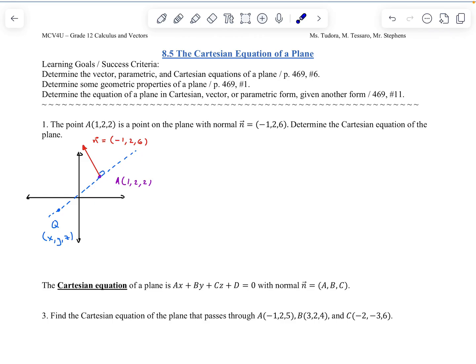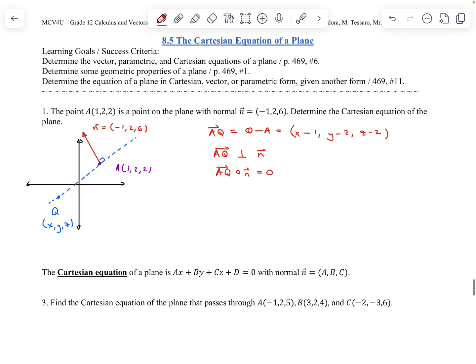So take your point Q and say that it's on the plane, and let's find the vector AQ. Well, AQ is Q minus A, which is x minus 1, y minus 2, z minus 2. And I want AQ to be perpendicular to the normal, so I want that dot product to be 0.